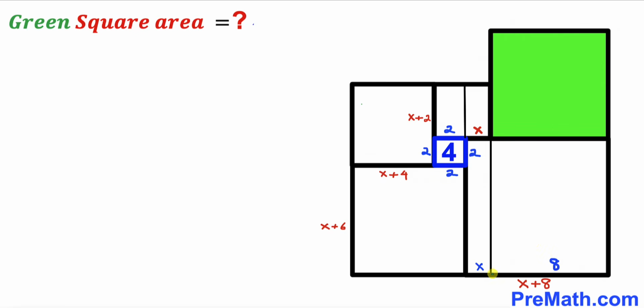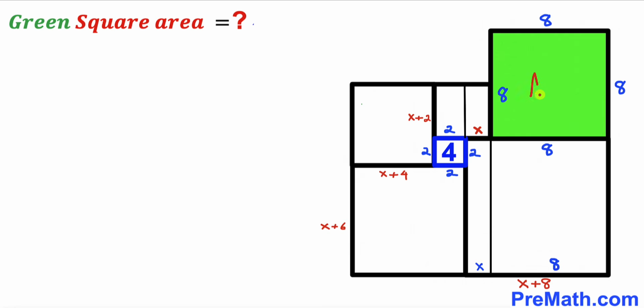So this segment length turns out to be 8, and we conclude that this segment length is 8 as well. Finally, we focus on this green shaded square, and we know its side length is 8 units, so every side is 8 across the board.